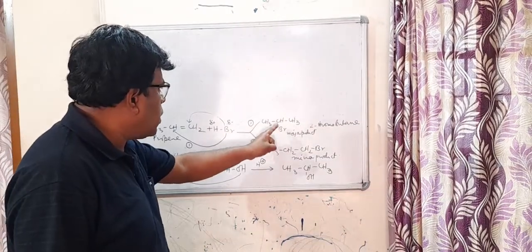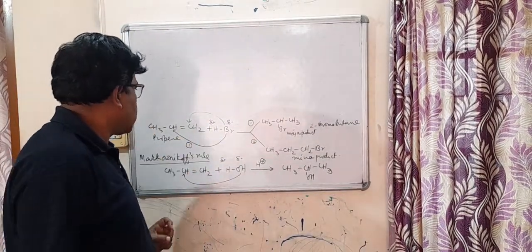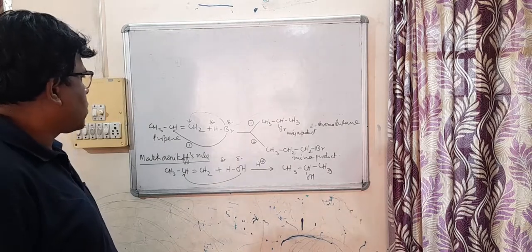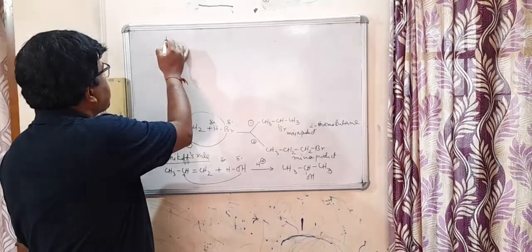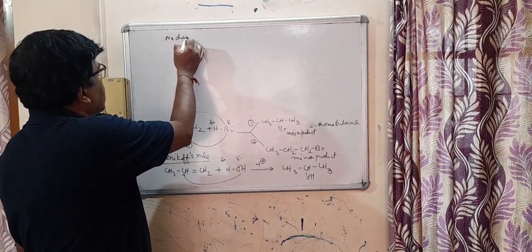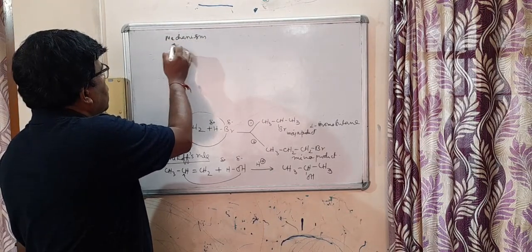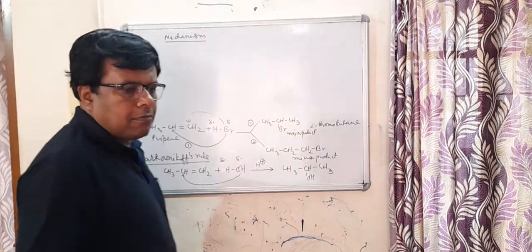So why do we get this as the major product? What is the explanation for that? That we are doing now. So the mechanism.